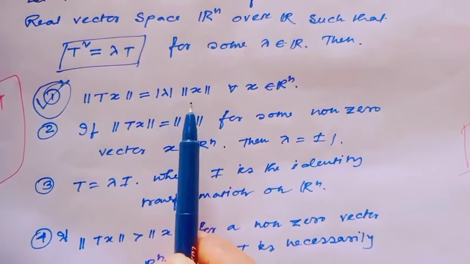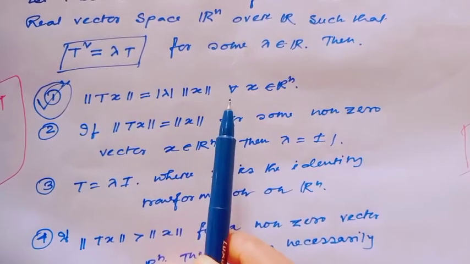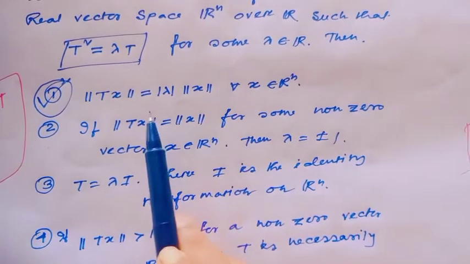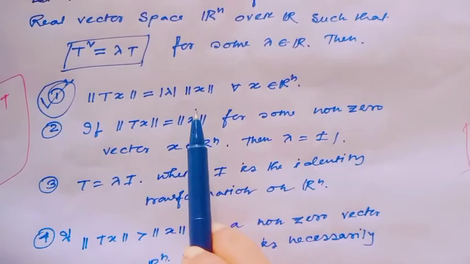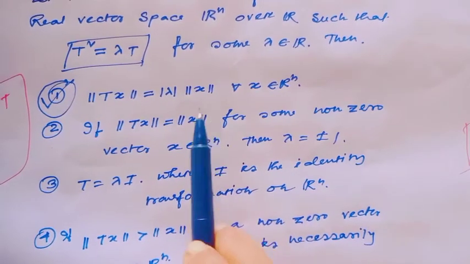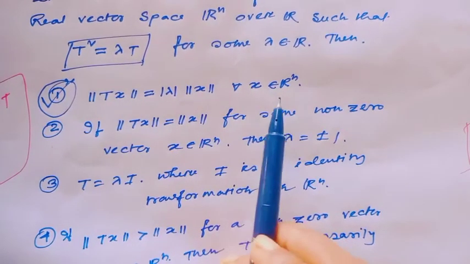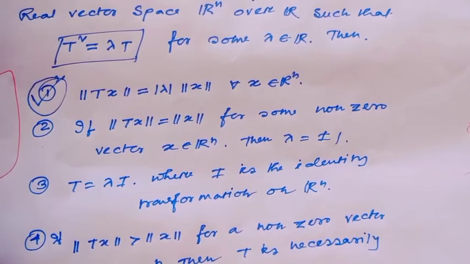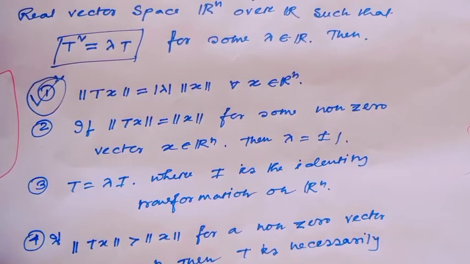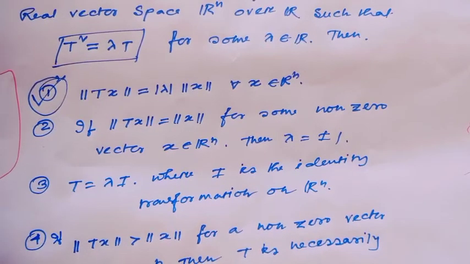He said this option is wrong, but this option is right. So I will discuss this first option elaborately. Why is this first option true? Other options I have discussed in my previous video elaborately.